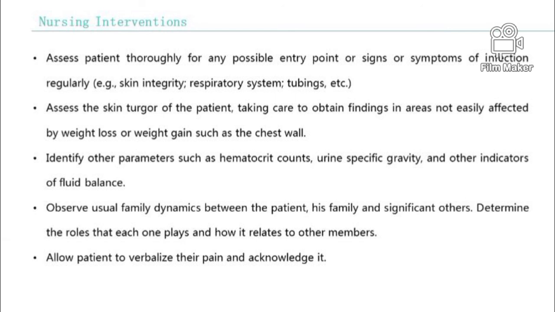Identify other parameters such as hematocrit counts, urine specific gravity, and other indicators of fluid balance. Observe usual family dynamics between the patient, his family, and significant others. Determine the roles that each one plays and how it relates to other members. And lastly, allow the patient to verbalize their pain and acknowledge it.